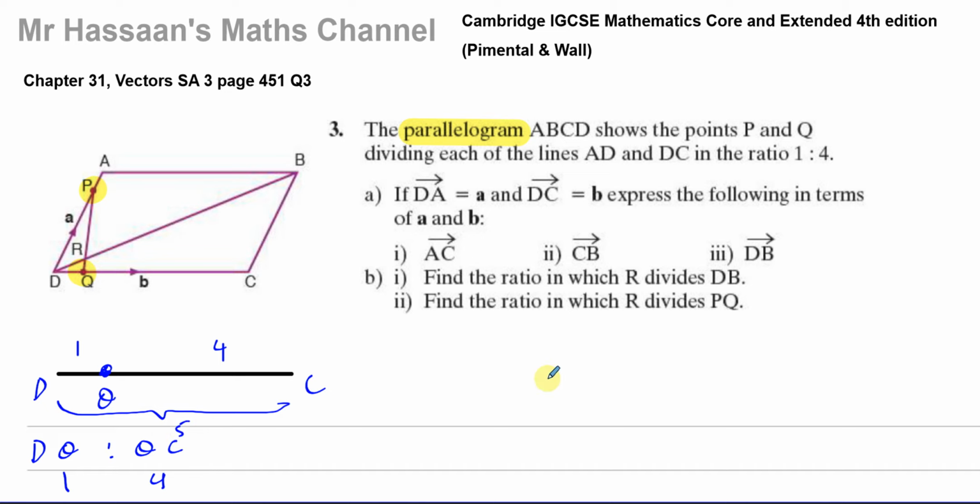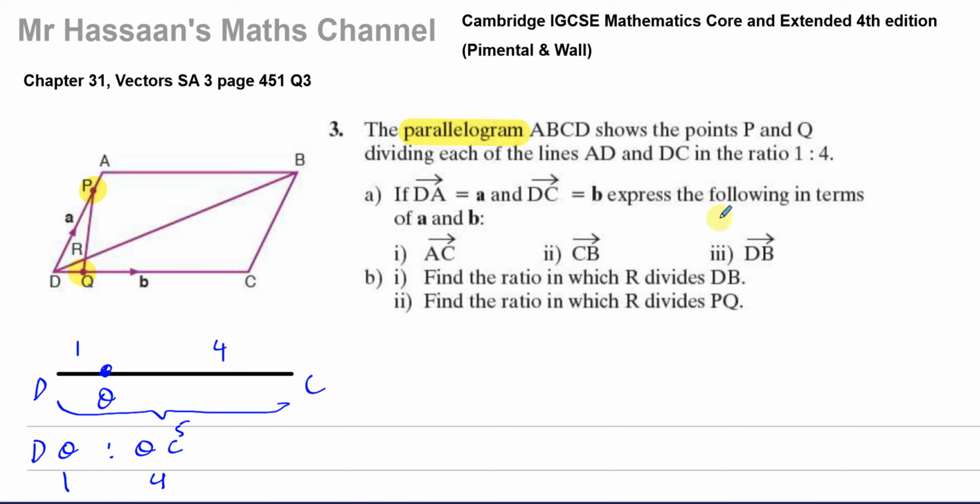Just like if I said, for example, there are 30 sweets divided in the ratio 1 to 4, that means you've got 5 parts altogether, and the first part of the ratio is 1 part of the 5, and the second part will be 4 parts out of that 5.